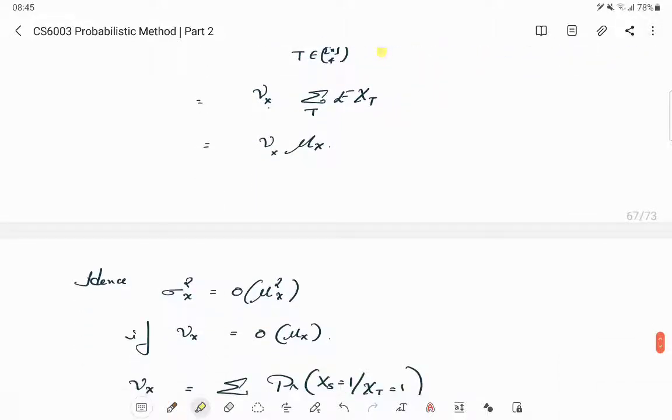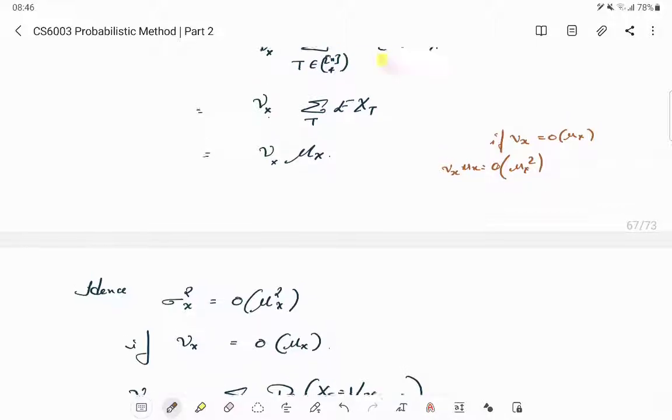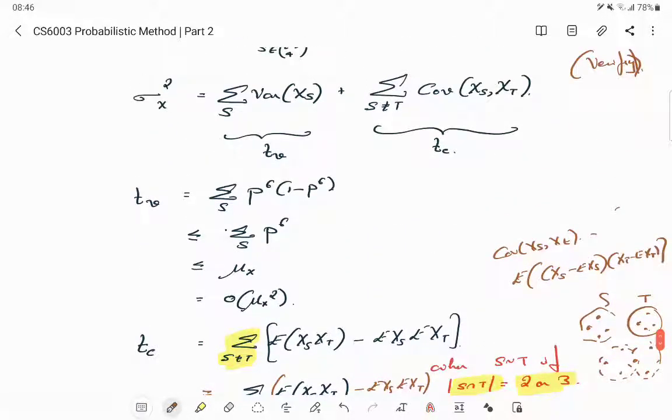Now if we can show that this nu_x is little o of mu_x, then this whole term would be little o of mu_x squared, and that's all we want, because we only want to show that the variance is little o of mu squared.